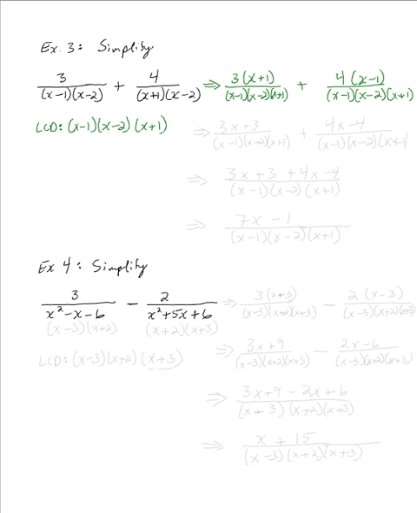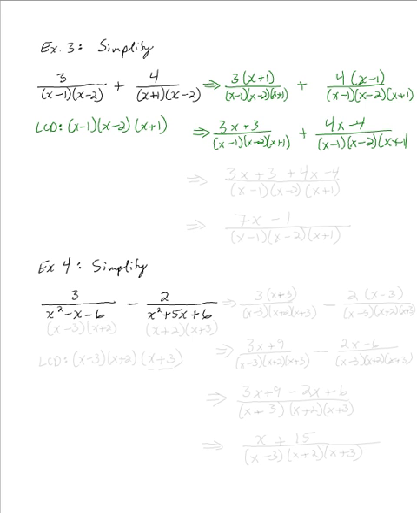Alright, and now we're done with the tough part. The rest is being careful. So I have now 3x plus 3 over the denominator of x minus 1, x minus 2, x plus 1, plus 4x minus 4 over the denominator x minus 1, x minus 2, x plus 1.